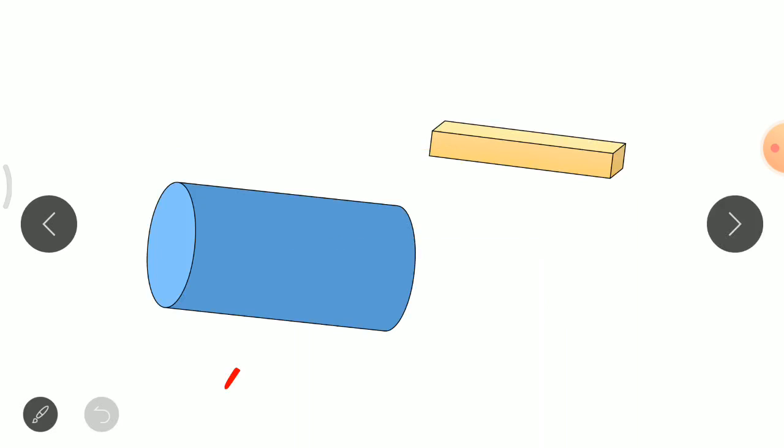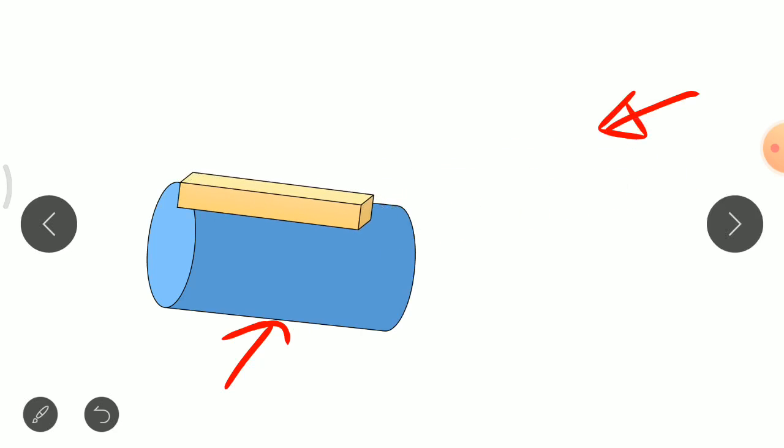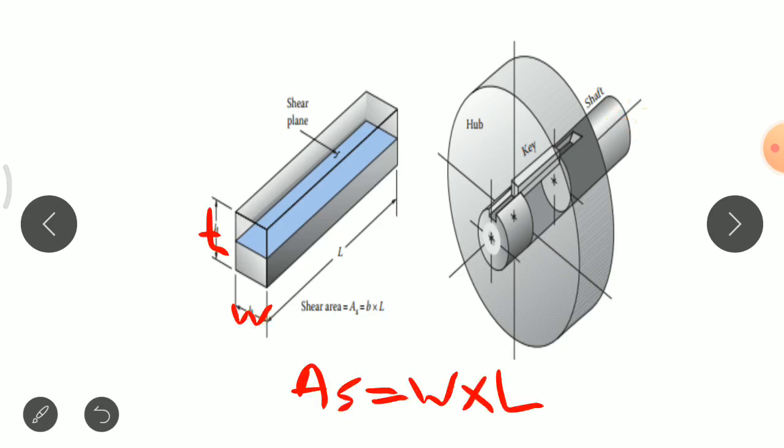Here, this object is known as a shaft and this rectangular steel element is known as a key. This key is inserted on the top section of the shaft where we have manufactured a groove, which is called a keyway.